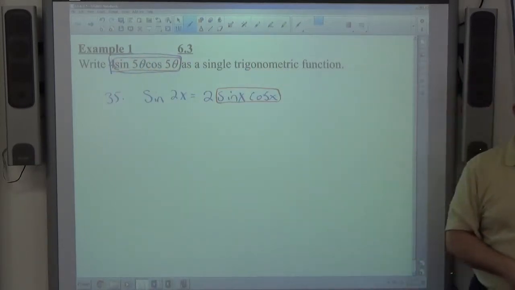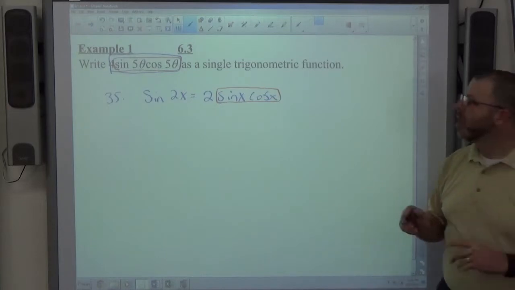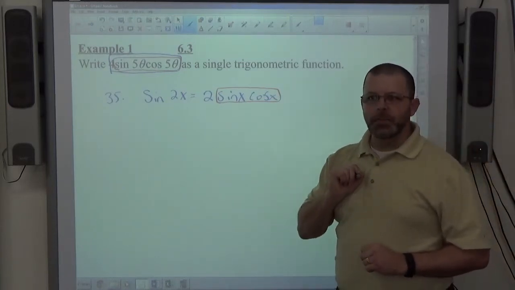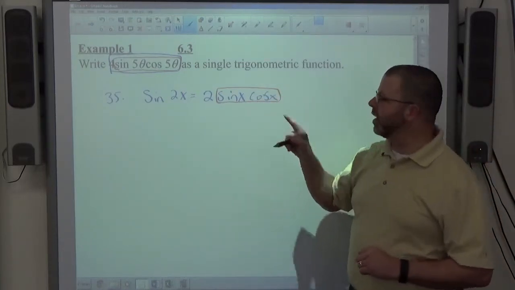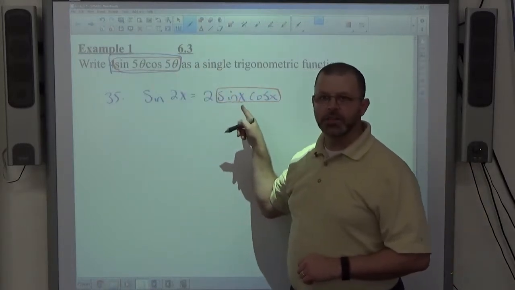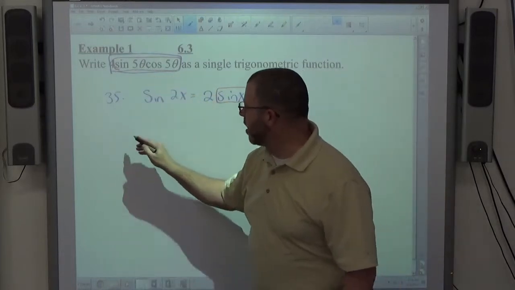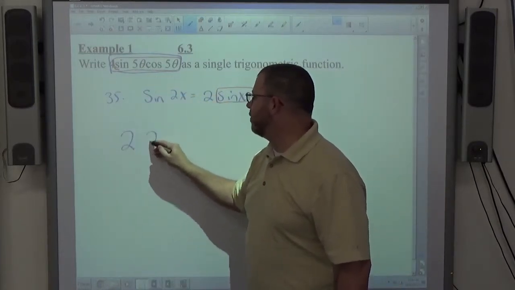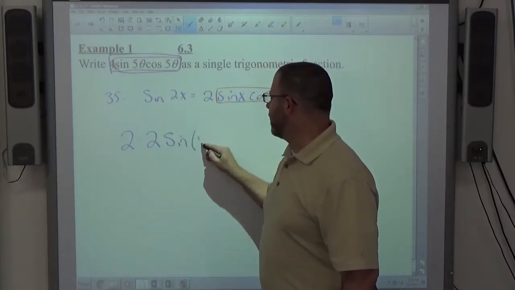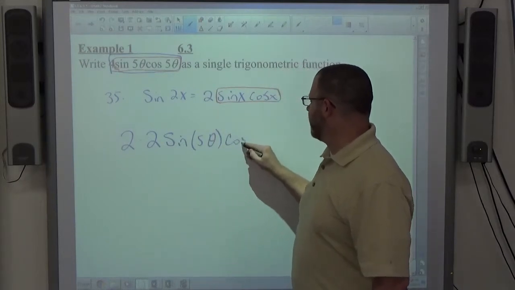Obviously that's not a 2 in front, there's a 4 in front. I can make that number anything I want it to be, and I can still use this identity because the sine and cosine match this. So let me show you what I mean by that. If I take that expression they gave me and I write it like this: 2 times 2 sine of 5 theta cosine of 5 theta.